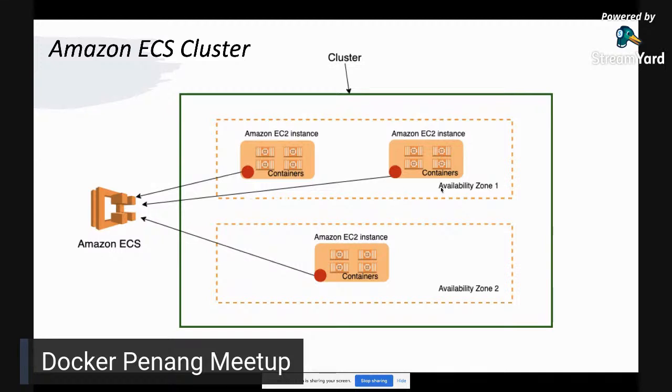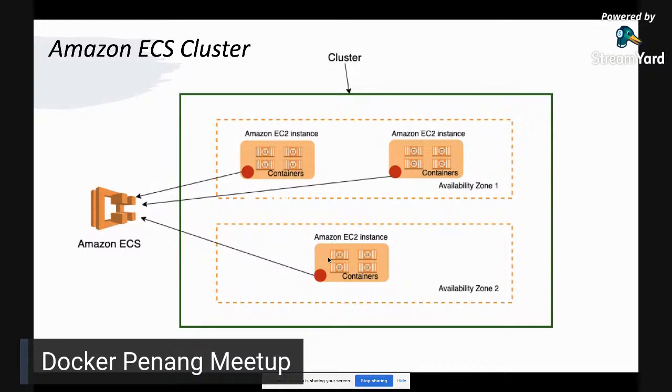When I say cluster, an Amazon ECS cluster is a logical grouping of container instances for your container workload, which basically runs on the EC2 launch type, and they are spread across multiple availability zones. And if you see the red dotted thing on the screen, those are called the Amazon ECS agent.